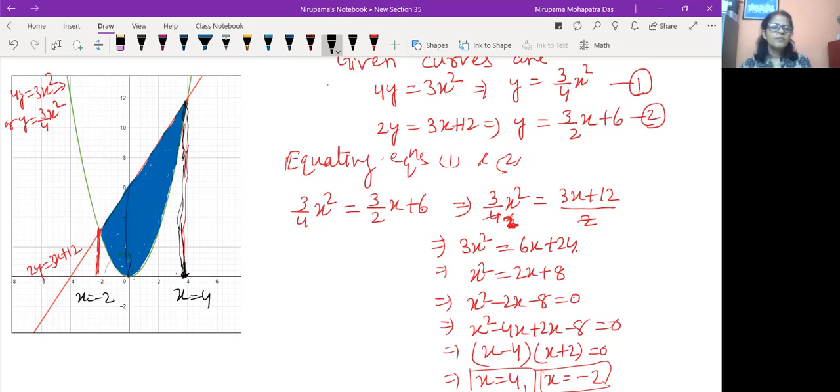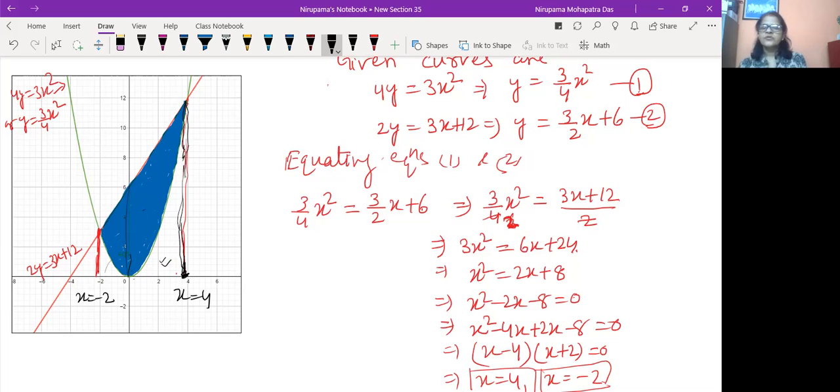If you write 0 to 4, you are getting the whole portion, but you need only this blue colored portion. So if you take the whole portion 0 to 4, then you have to subtract the white portion.